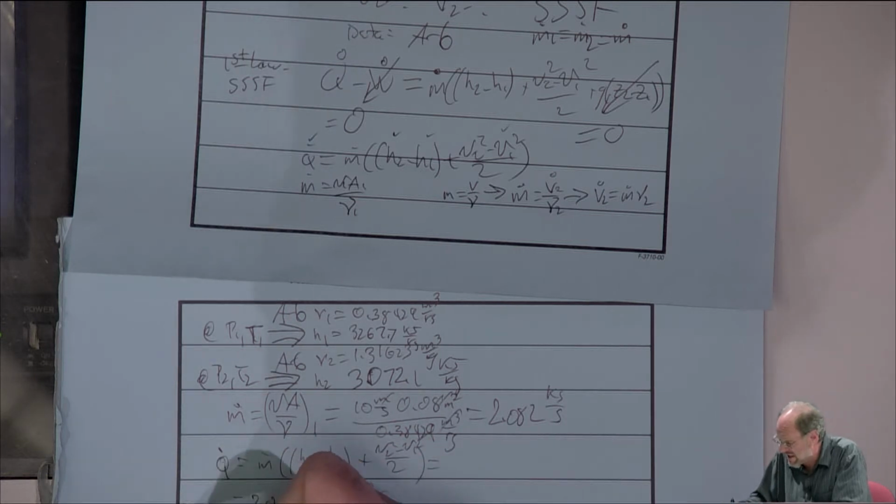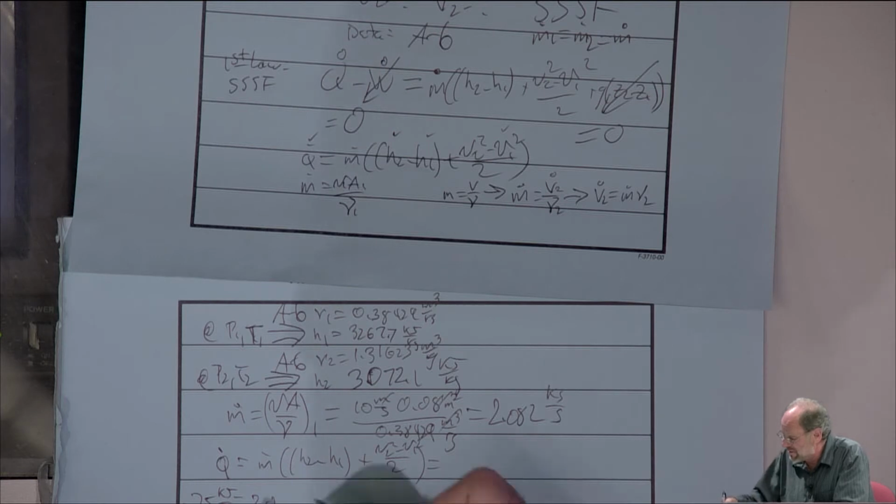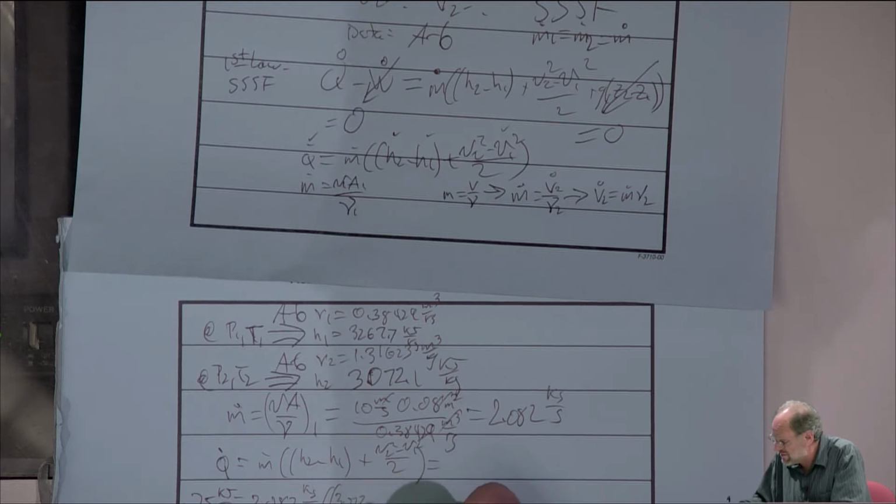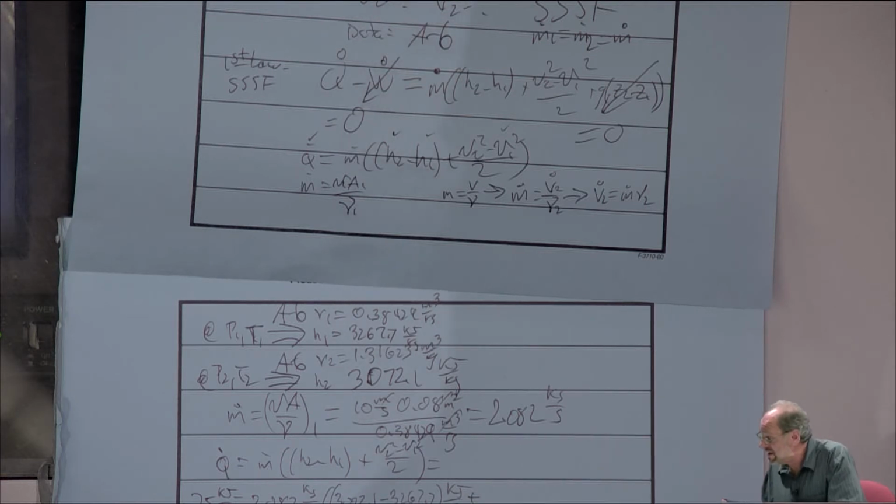On the left-hand side, we have minus 25 kilojoules per second. On the right-hand side, we have our mass flow rate times the enthalpy change, so 3072.1 minus 3267.7 kilojoules per kilogram.